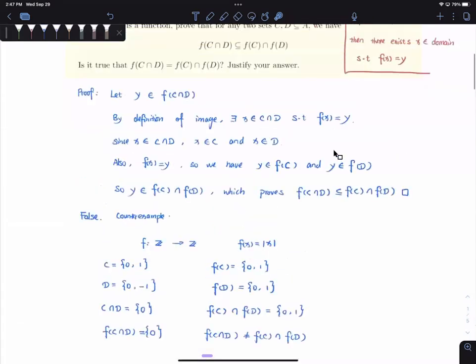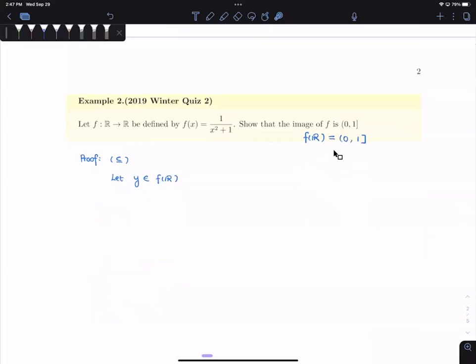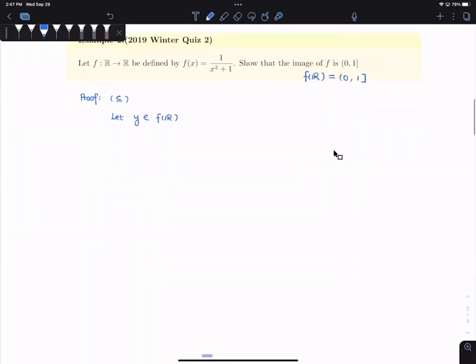The red part. Exactly. There exists x in R such that f of x equals y.